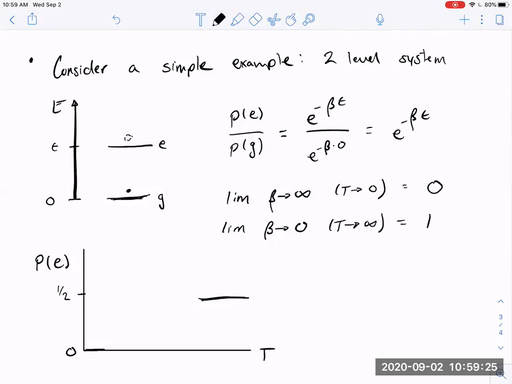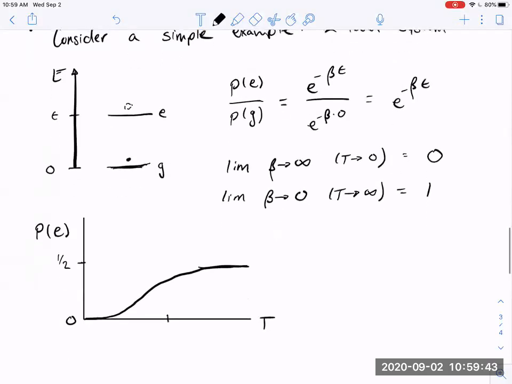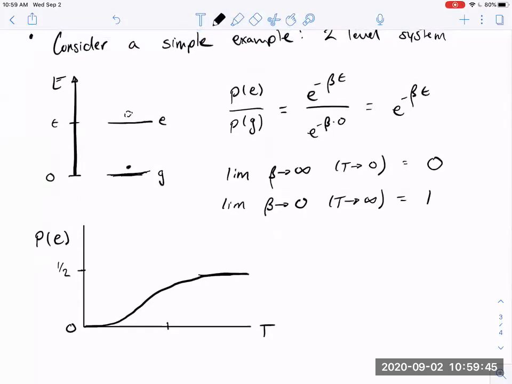If both states are equally likely, then the probability of one of those states is just 1 over the total number of states, in this case, just 2. So the probability of the excited state as a function of temperature will have this sort of sigmoidal form, where that crossover depends on that characteristic energy scale, epsilon, in units of beta.